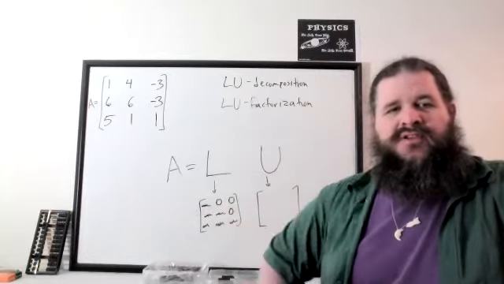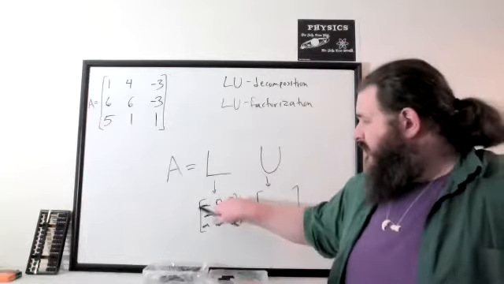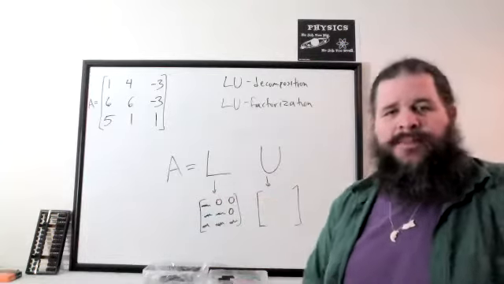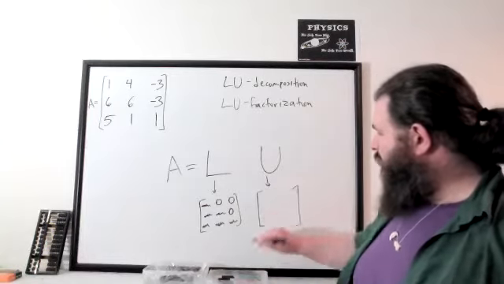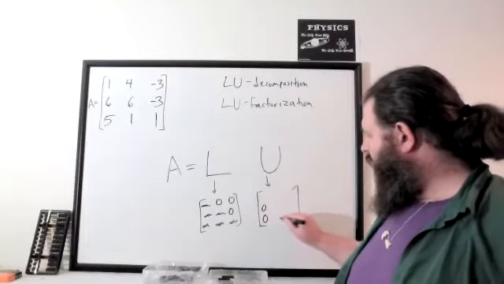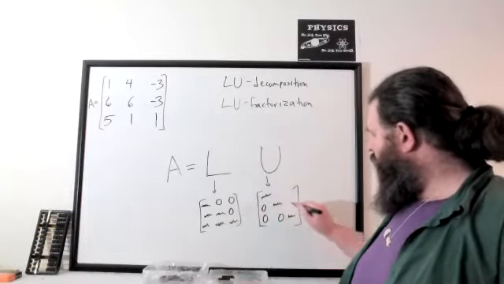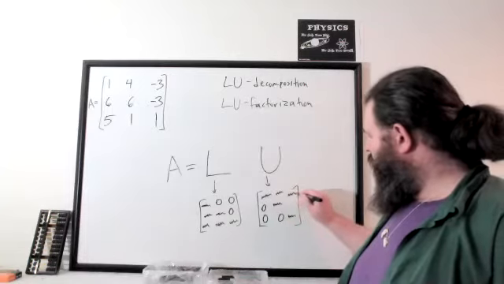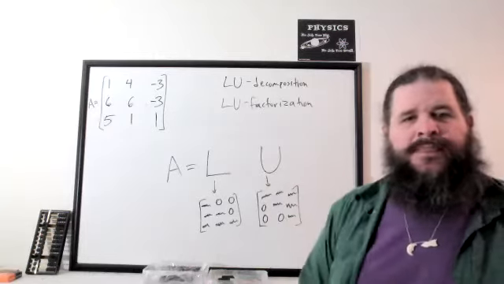For instance, a matrix consisting of all zeros technically counts as lower triangular because everything above the main diagonal is 0. Likewise, an upper triangular matrix just means anything that's below the main diagonal is all zeros. And then anything on the main diagonal or above, no restrictions. Those could be anything, possibly including 0.